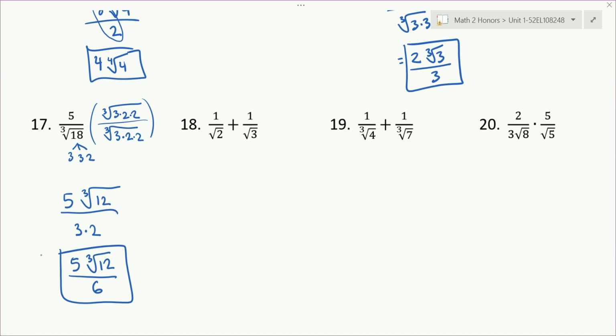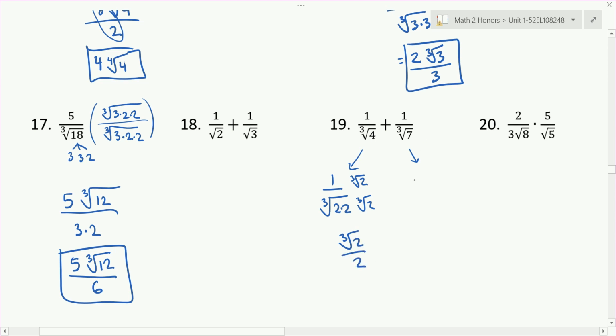Number 19, simplify each individually first. Okay, so the first one, 1 over cube root of 4, it's cube root of 2 times 2. I need to multiply top and bottom by cube root of 2. And I end up with the cube root of 2 over 2.